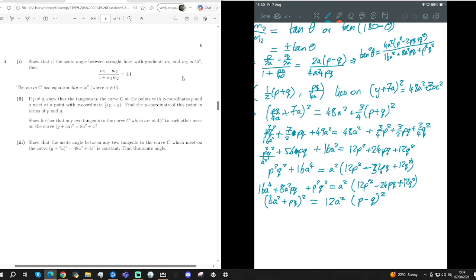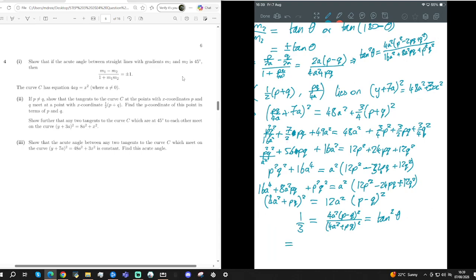So let's continue rearranging. I wanted it to be a 4 on the top. So I can say this is a third equals 4a squared p minus q squared over 4a squared plus pq squared, which is exactly tan squared of the angle between.